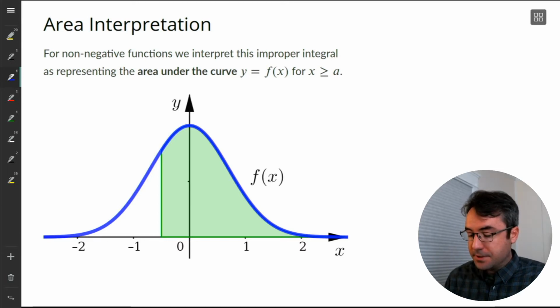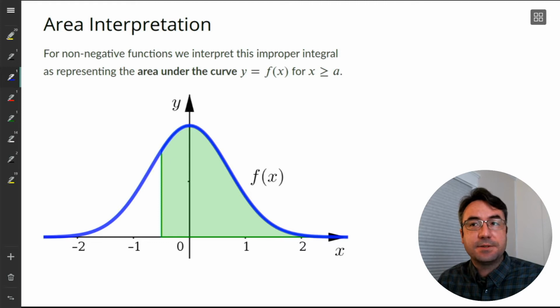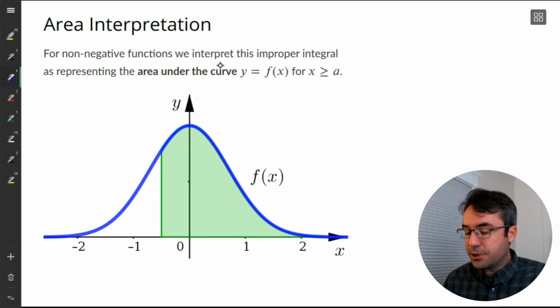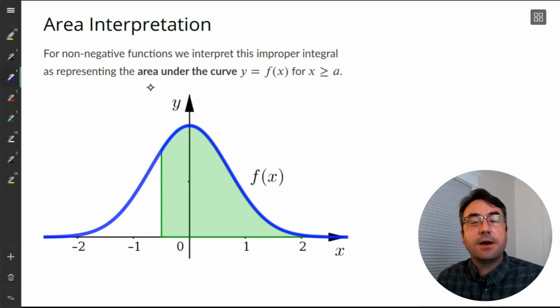And so for our purposes, if we have a non-negative function, so it doesn't go below the x-axis, we can interpret the improper integral as really representing the area under the curve of y equals f of x for x greater than or equal to a.